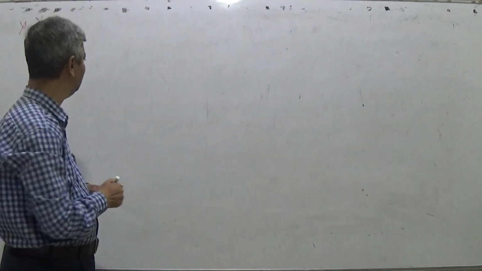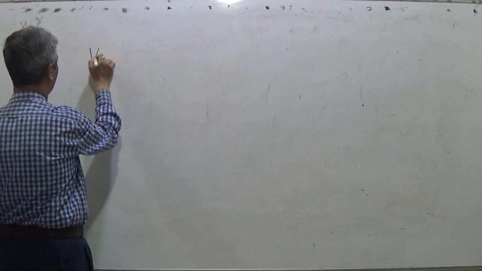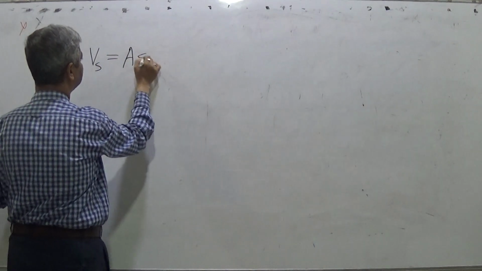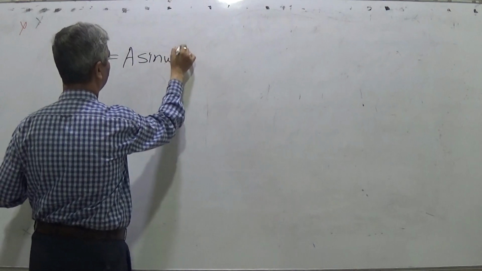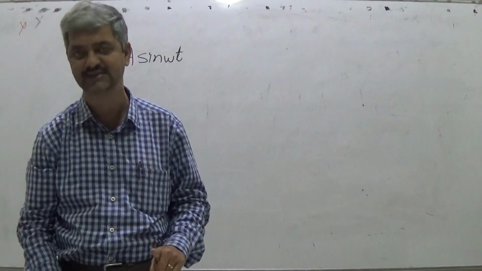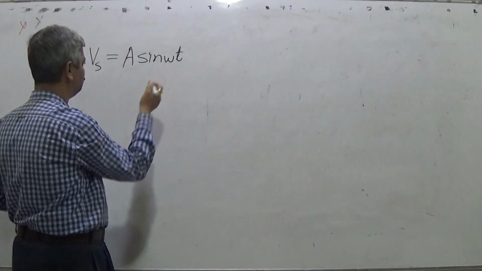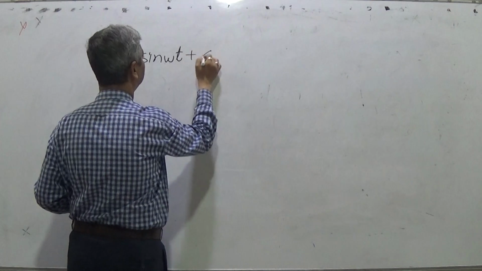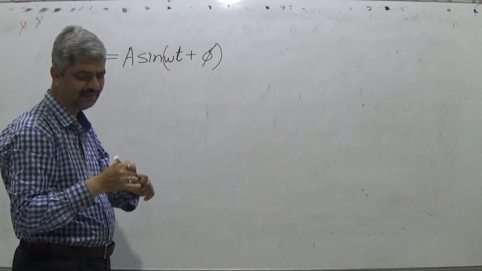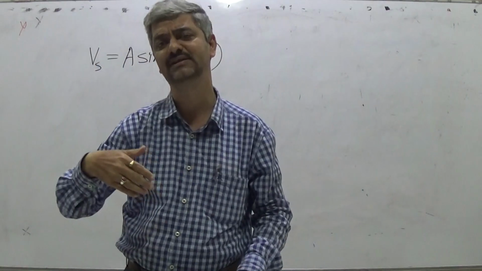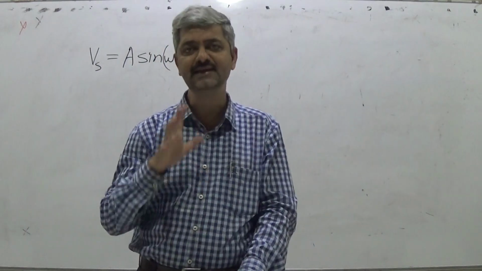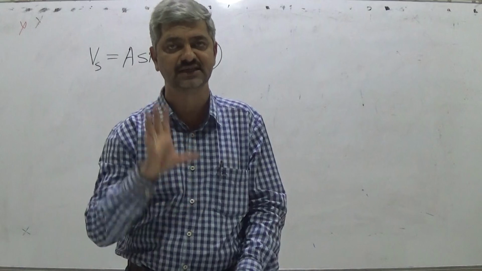So in general we can say that the voltage Vs or Vin is A sin omega t, with a sinusoidal frequency of angle omega. In general we can also add phi, or start with phi equal to 0. So A sin(omega t plus phi) is a general sinusoidal signal.